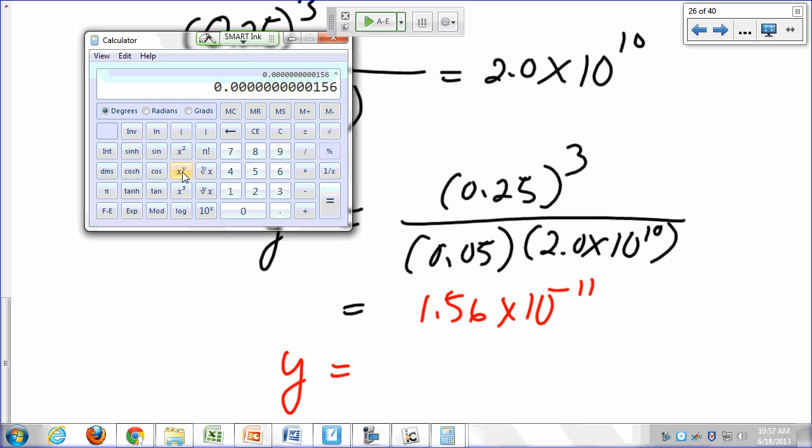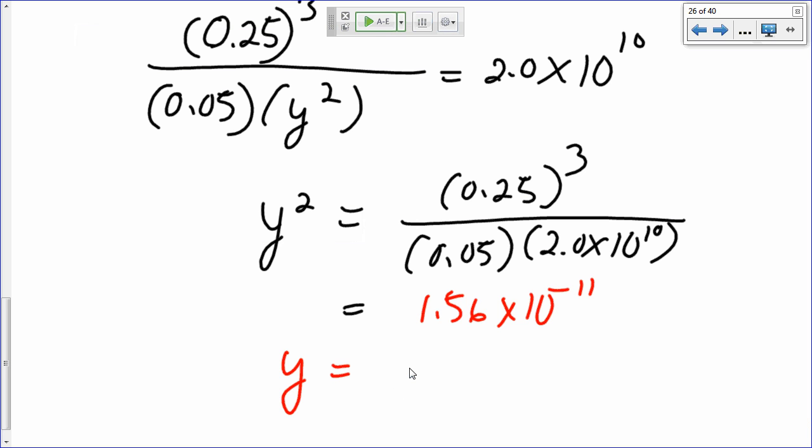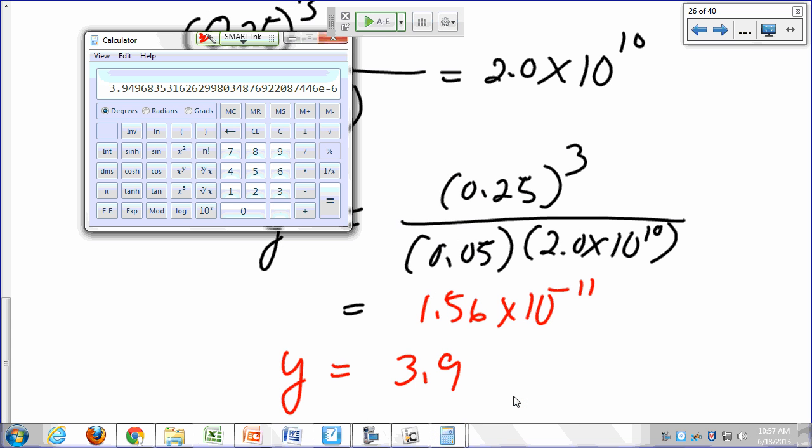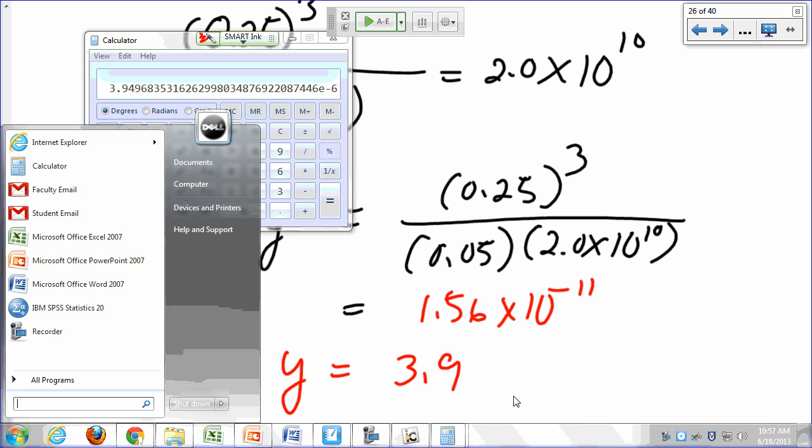Raised to the power of 0.5 equals 3.9 times 10 to the negative 6. 3.95. 3.95 times 10 to the negative 6.